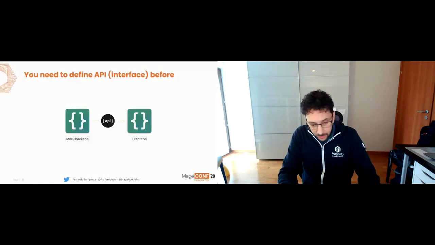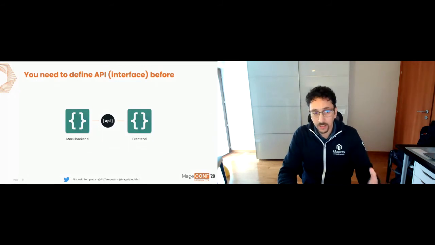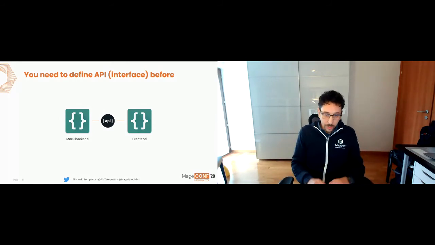So you probably heard a lot of times about the API-first approach. From my perspective, it is one of the best practices you can use in modern development. Basically, you define your features, then you create a kind of mock backend, and then you create the front end.